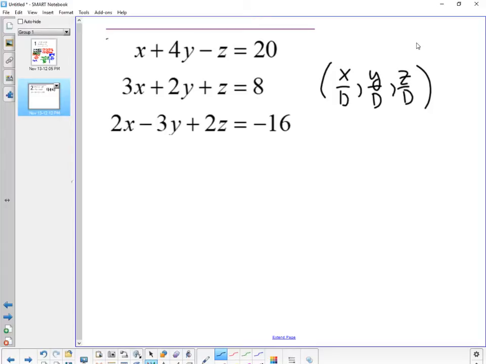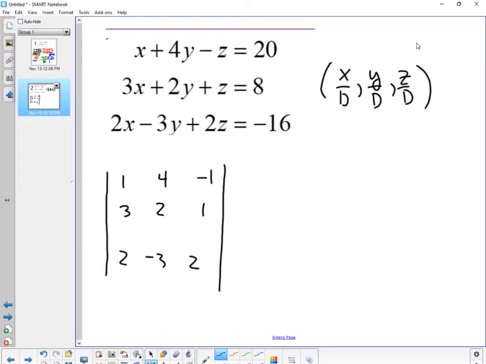Here's what's wrong with it, though. I've got 1, 3, 2, 4, 2, negative 3, and then I've got negative 1, 1, and 2.